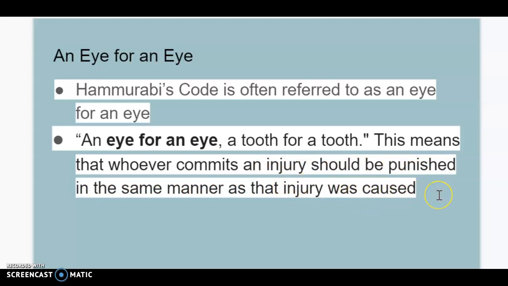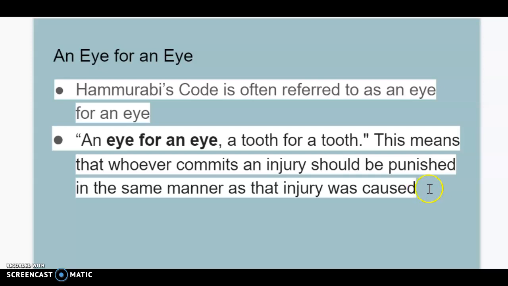So if someone breaks a man's bone by dropping a boulder on his leg, then the man that dropped that boulder and broke the bone in the leg should be held down, and someone should take a boulder and drop it on their leg to break the bone that way. It is very much, you did this, you will legitimately be punished the exact same way.